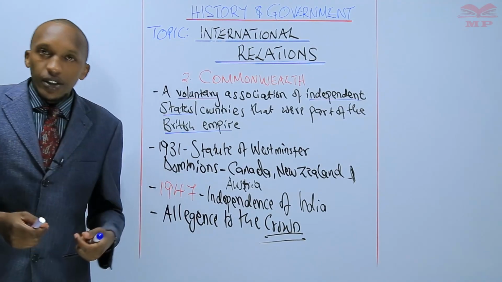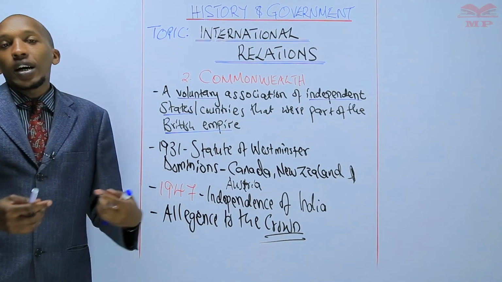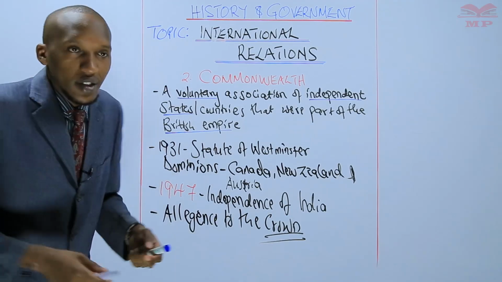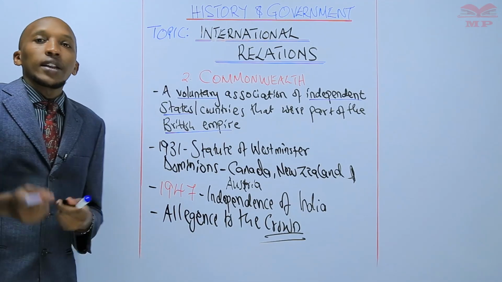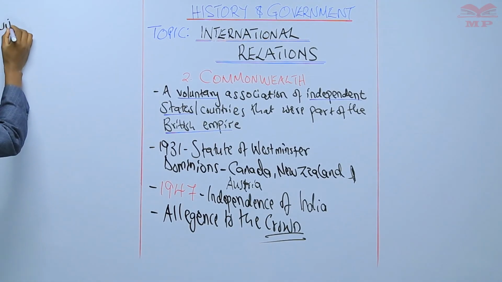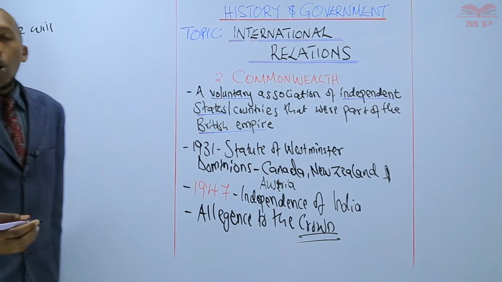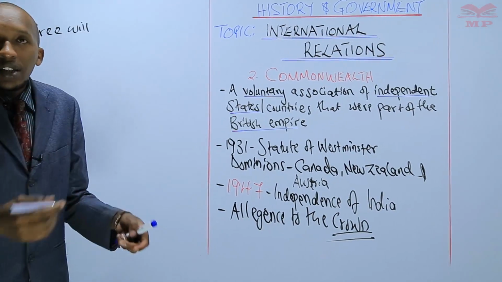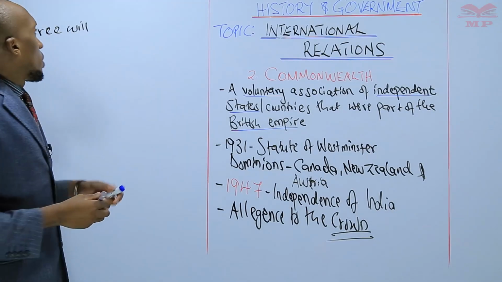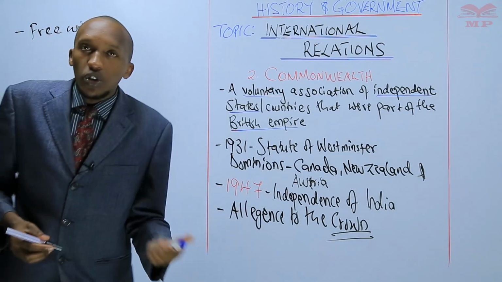So any country, starting with India and Pakistan, with the other colonies that were gaining independence, was given an option. So that tells you there was free will. You either join, or if you do not want to join, you can decide to stay autonomous or independent. So they were given free will to join or not to join.